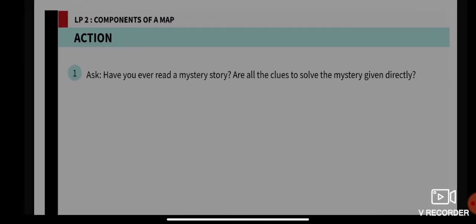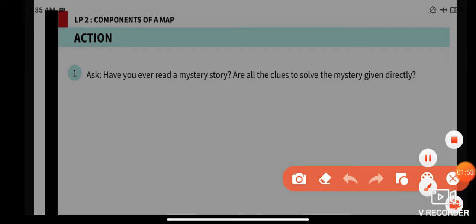All right, have you ever read a mystery story? Stories which consist of lots of clues. Have you ever read a mystery story where all the clues to solve the mystery are given directly? Suppose you are to solve a puzzle.